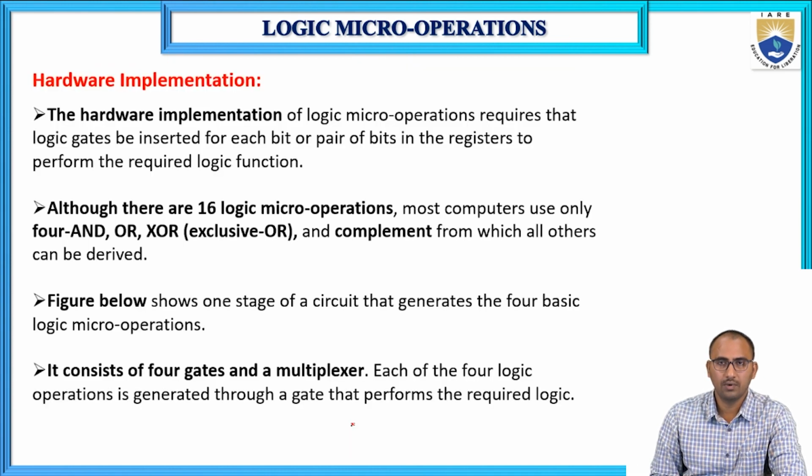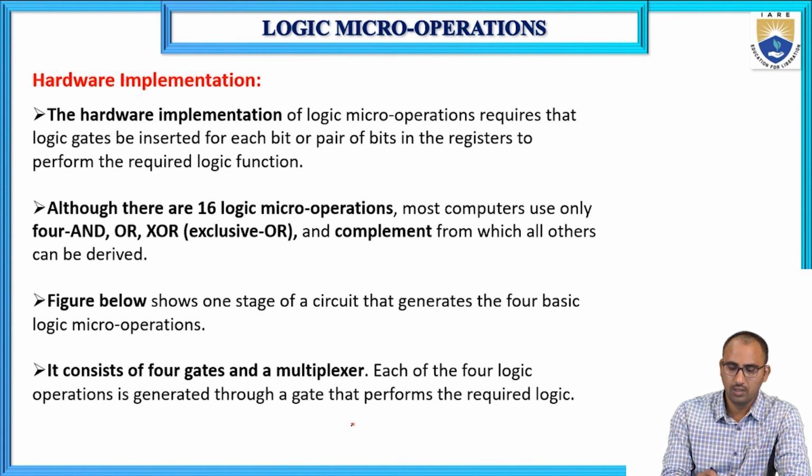So the same logic micro operations we can implement using some hardware. The hardware implementation of logic micro operations requires that logic gates be inserted for each bit or pair of bits in the registers to perform the required logic function.